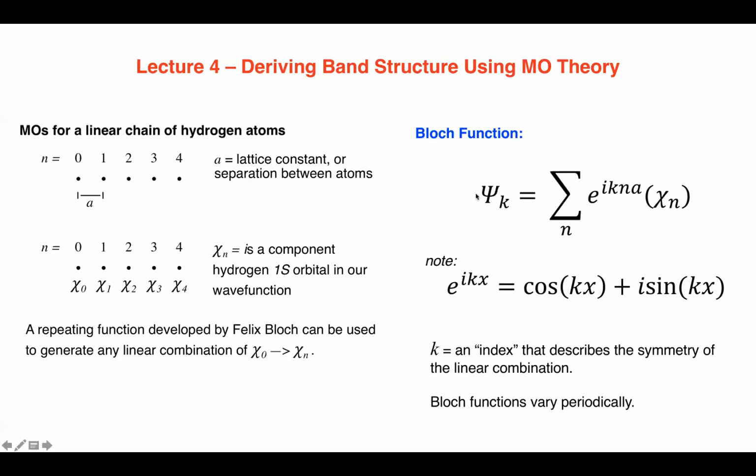So the wave function of interest now, we've given it an index of k here, which we're going to talk a lot about. So psi of k is just a linear combination of component orbitals chi n multiplied by this function e to the i k n a, where a is the separation and n is the number of the component orbital.